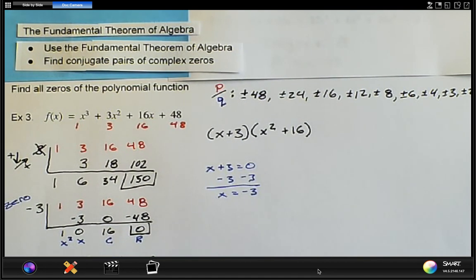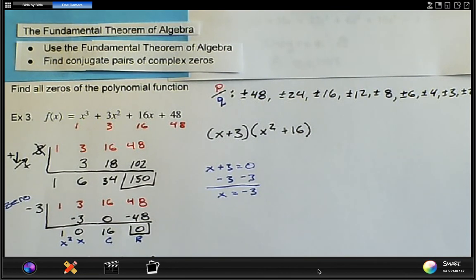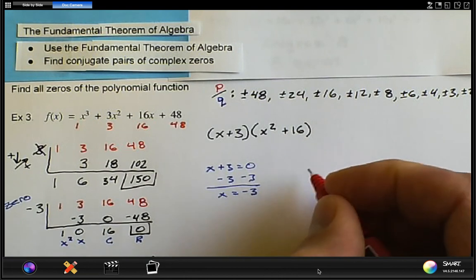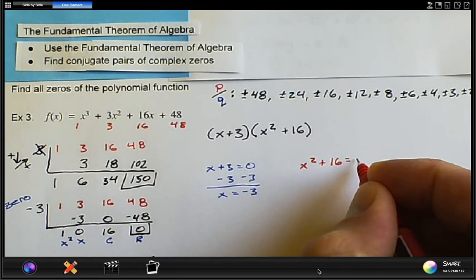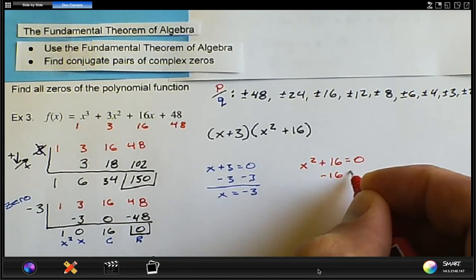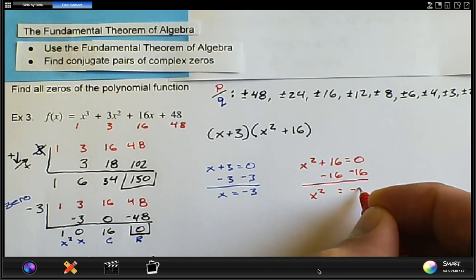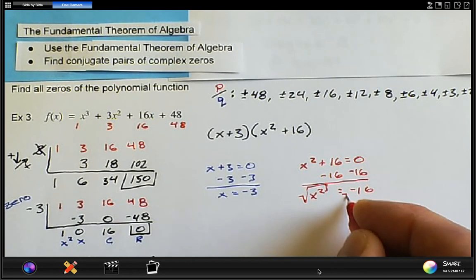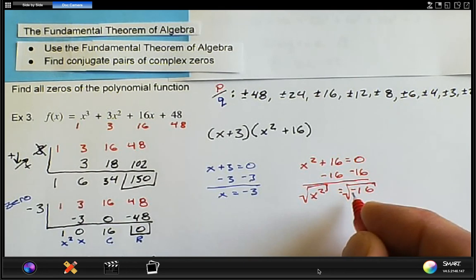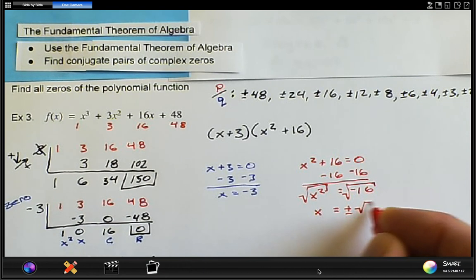The next one, we want to solve x squared plus 16 is equal to 0. So we subtract 16 from both sides, and we get x squared equals negative 16. Then we take the square root of both sides. Anytime we take the square root when we solve, that makes plus or minus the square root of negative 16.